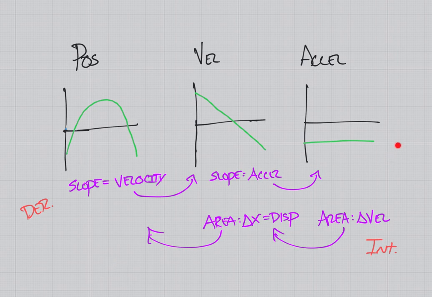And again, I pull our attention to the idea that these graphs do not look the same, and they should never look the same. A position time graph will never look the same as the velocity, and acceleration will never look the same as our velocity. The only time where you might get a graph that looks the same is if we have zero position, zero velocity, zero acceleration.